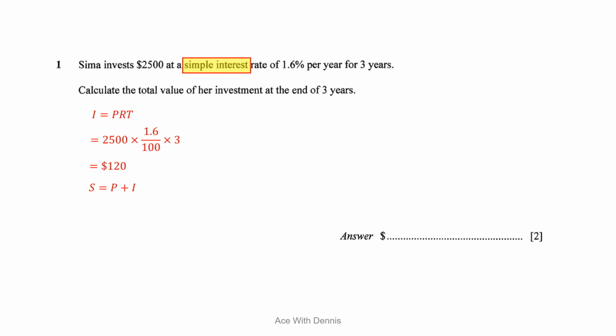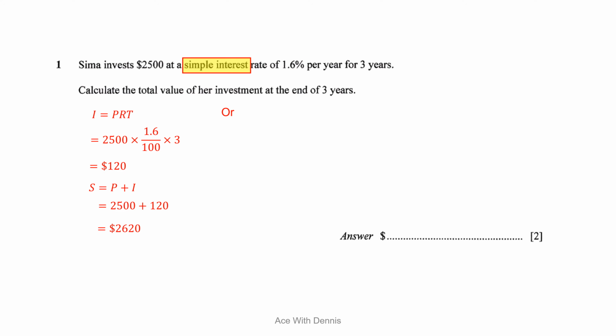I want to find the total value after 3 years. Hence, it is the sum, which is the principal plus the interest. The principal is $2,500, the interest is $120, and when we sum them together, we get $2,620.